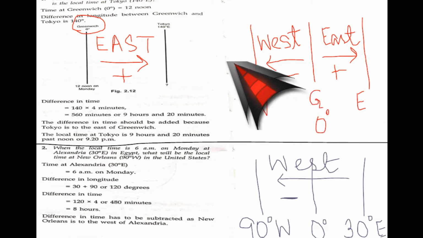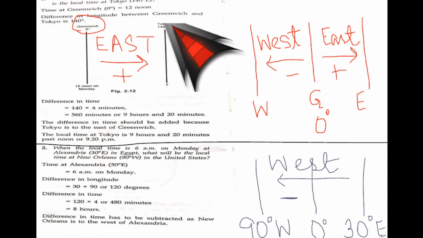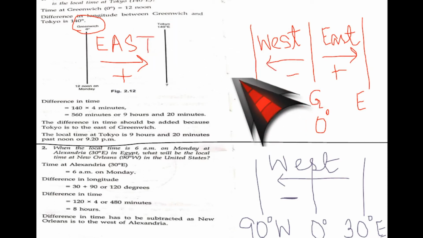As we know, the timing of Tokyo is going to be ahead of the timing of Greenwich. So 9 hours 20 minutes we have to add to the time at Greenwich. As per my question, the time at Greenwich is 12 noon.